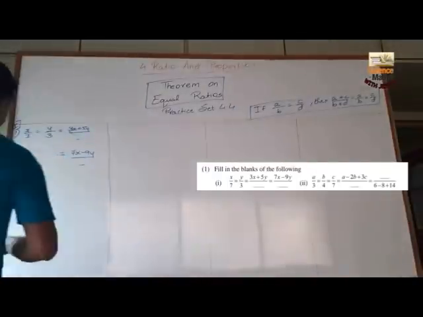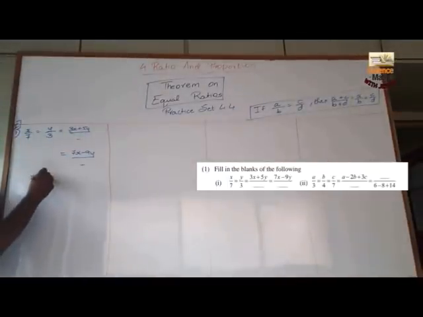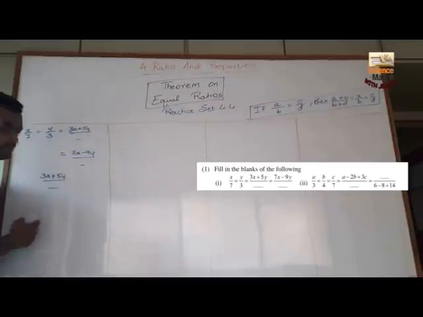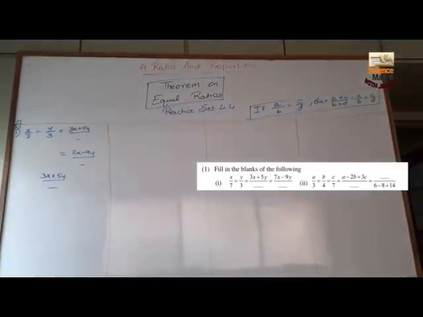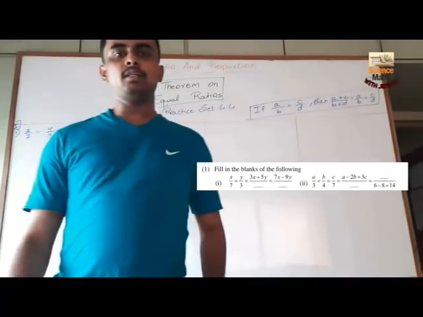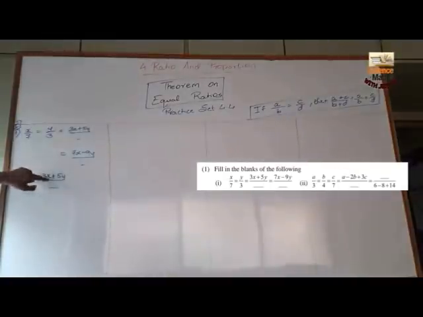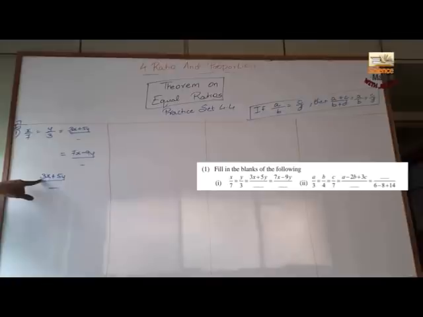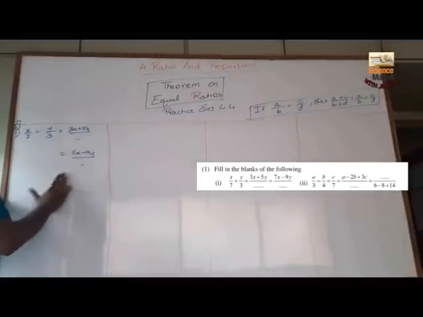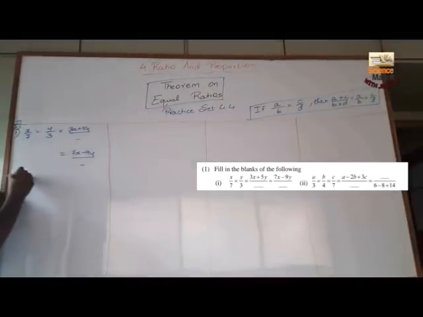Now coming to the question, what am I supposed to find? First I am finding 3x plus 5y upon dash. For that, what I will see is, I can see that x is there right here and the number associated with x is 3. So I will have to multiply 3 to the numerator and denominator of the given ratio for x.